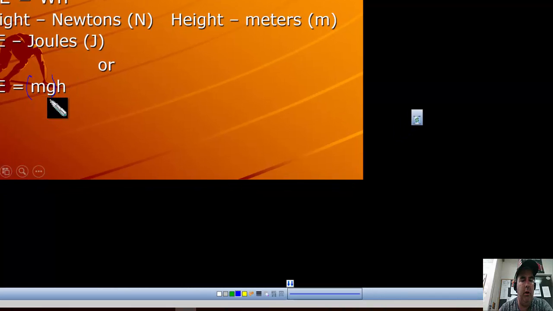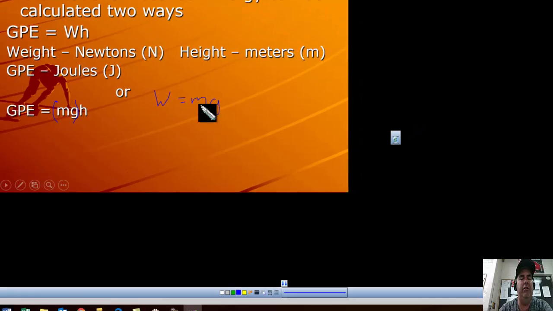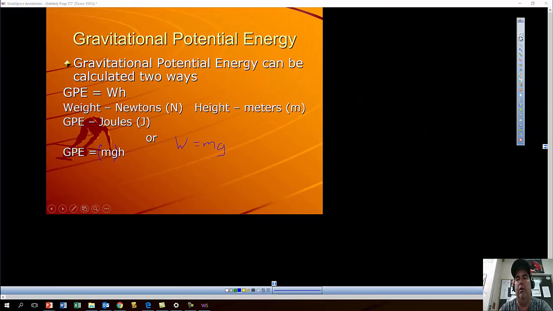In the chapter we just came off of, chapter 10, when we talked about force and Newton's second law, you learned that the weight of an object is equal to the mass of that object multiplied by gravity. So if I give you other units, if I do not give you the newtons, you will have to calculate the weight of that object by taking the mass multiplied by the gravity.